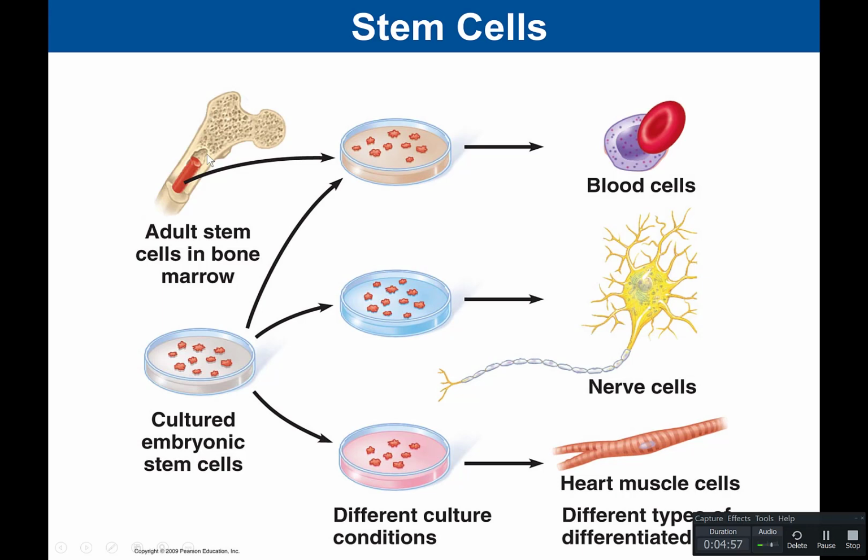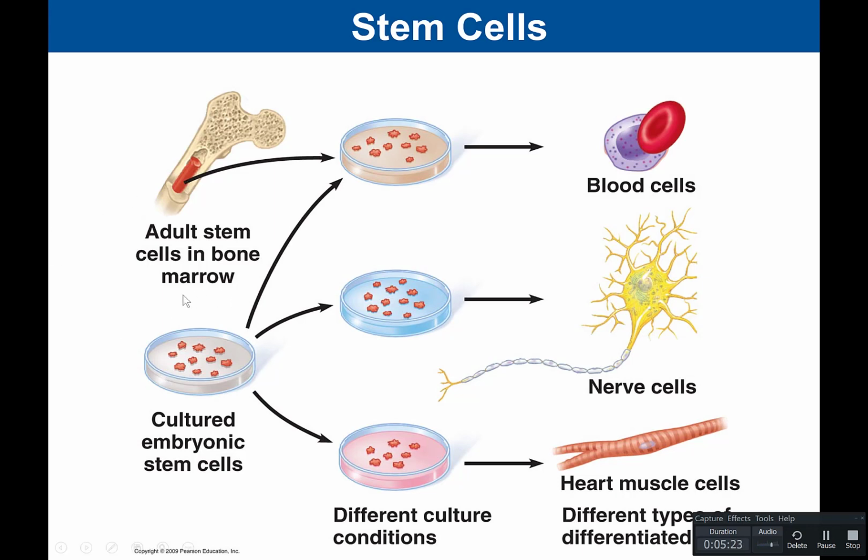We can have adult stem cells in the bone marrow, for example, and the cells that are found in the bone marrow can give rise to various types of blood cells. And so these are referred to as adult stem cells because they can give rise to more of themselves as well as multiple lineages of cells. So red blood cells, different types of white blood cells, etc.